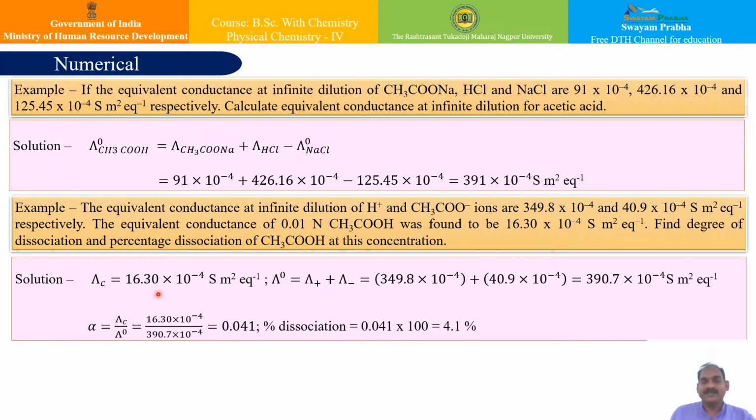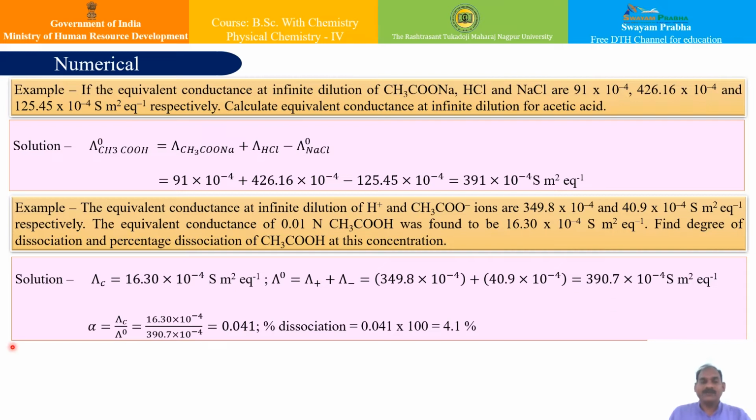I can find out the lambda C at that particular concentration, 16.3 into 10 to the power minus 4 Siemens meter square per equivalent, which is given over here. Then equivalent conductance at infinite dilution has this formula. If I substitute the cationic equivalent conductance and anionic equivalent conductance respectively, I get the overall value of equivalent conductance at infinite dilution equal to 390.7 into 10 to the power minus 4 Siemens meter square per equivalent.